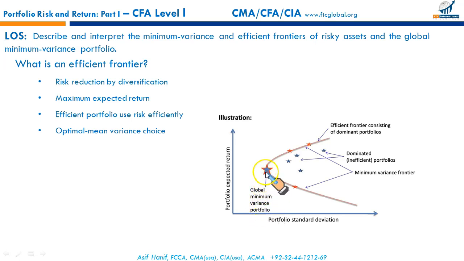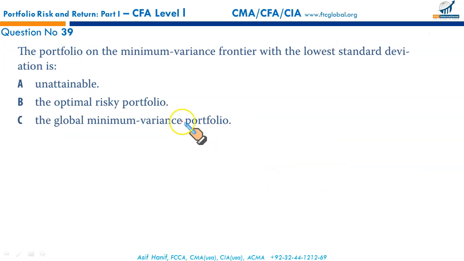As you can see, it's at the lowest standard deviation. So the global minimum variance portfolio is the portfolio on the minimum variance frontier with the lowest standard deviation. Not unattainable, it is attainable.